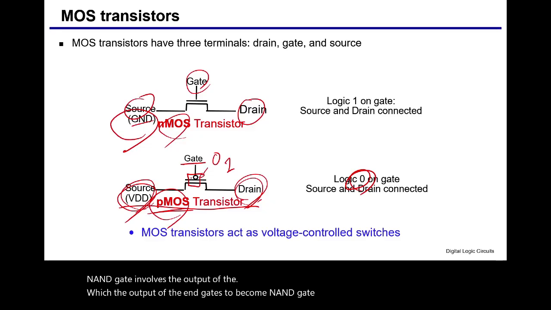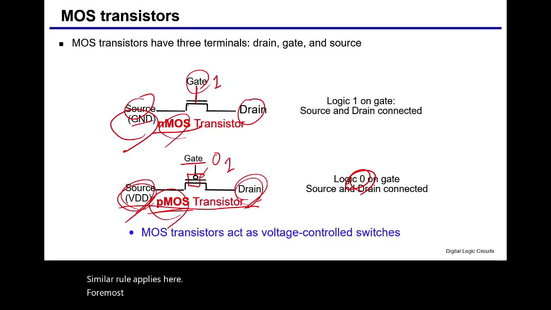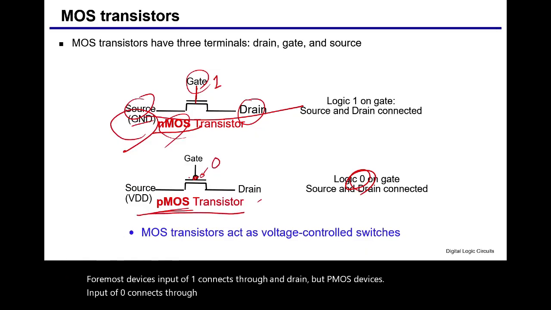And a similar rule applies here. For NMOS devices, input of 1 connects source and drain, but for PMOS devices, input of 0 connects source and drain, and we can relate those inverted operations by looking at this small bubble at the gate symbol.